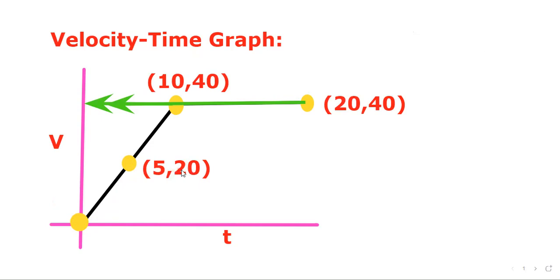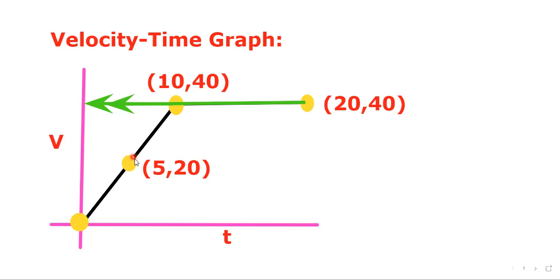Here the velocity was 0, now the velocity is 20, and time is 0 to 5. So change in velocity with time is called acceleration. There is an increase in velocity from 0 to 20, so the object is accelerating because there is an increase in velocity.